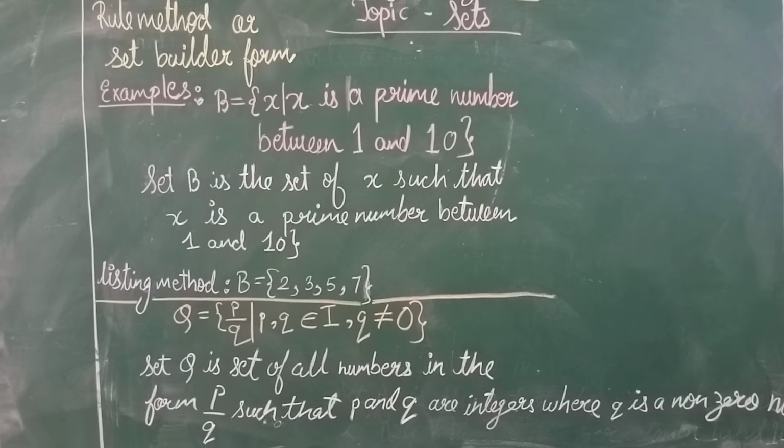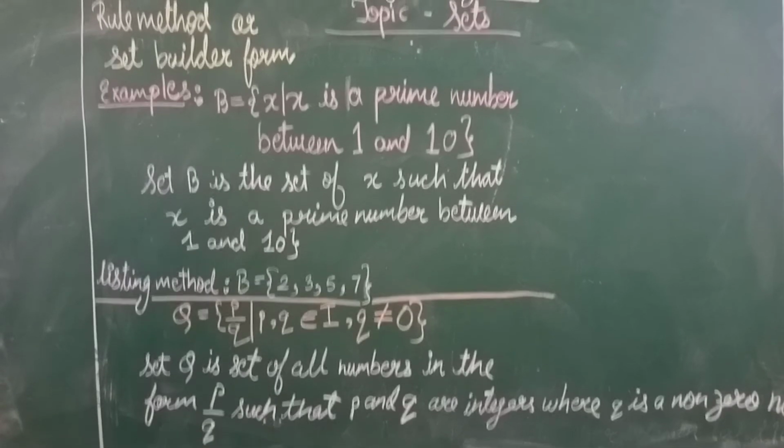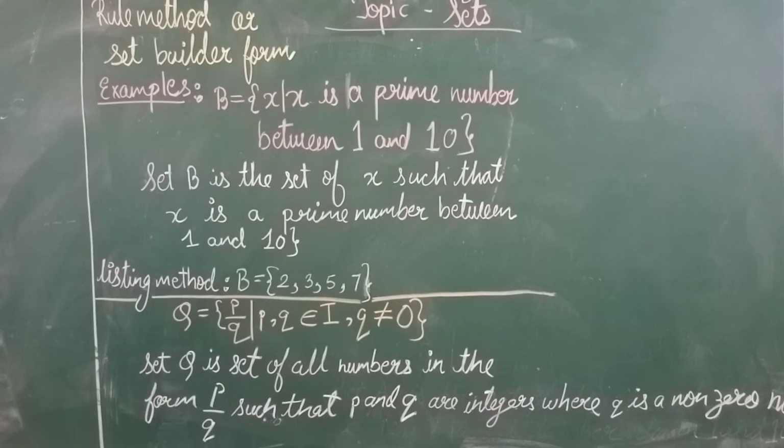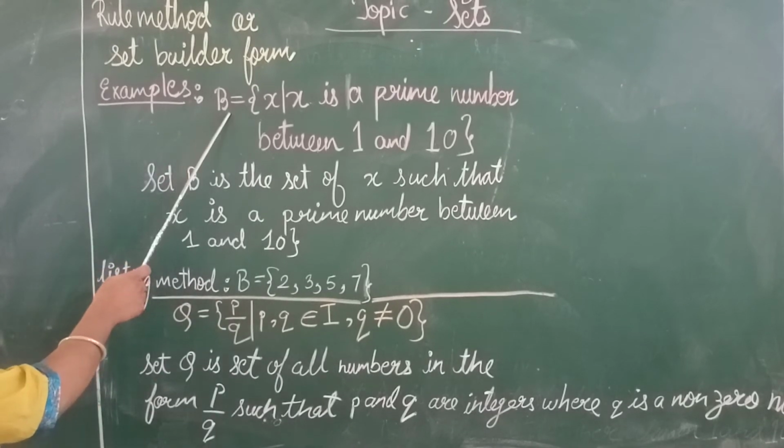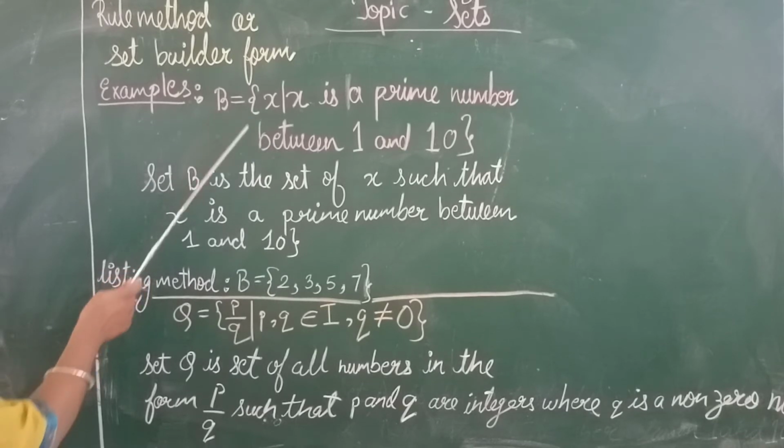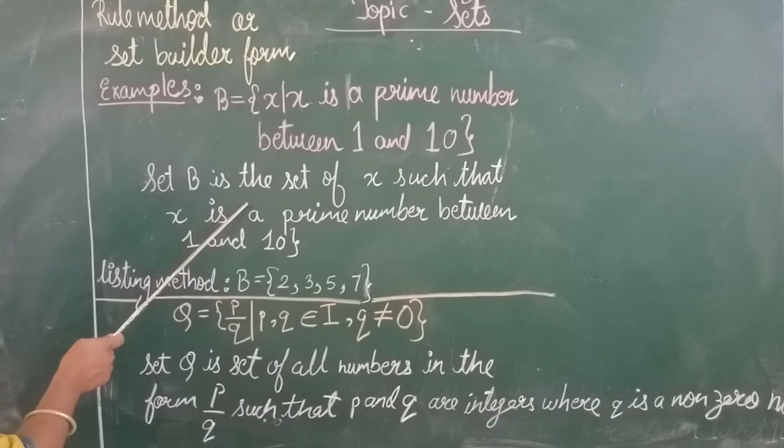My dear students, we will see a few more examples of the rule method or set builder form so that your concept will be more clear. Here I have written one example. This example is in rule method, and we are going to see how to read it.